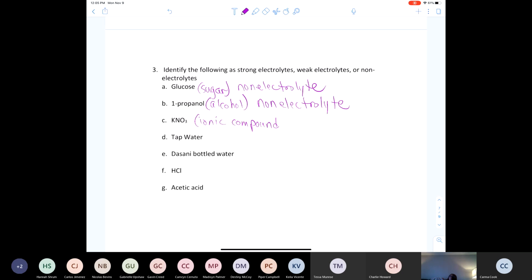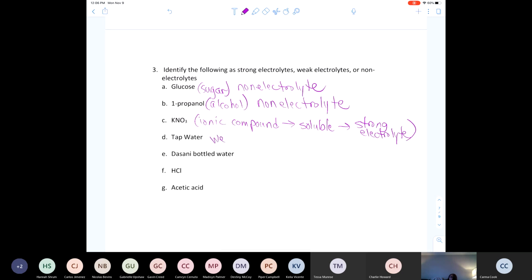So if you're trying to judge whether or not an ionic compound is a strong electrolyte, consult the solubility rules table to see if it's soluble in water. And if it's soluble in water, then it is a strong electrolyte. And we've looked at nitrates as well as group 1 metals. We know that rule, that they are soluble in water, no exceptions.